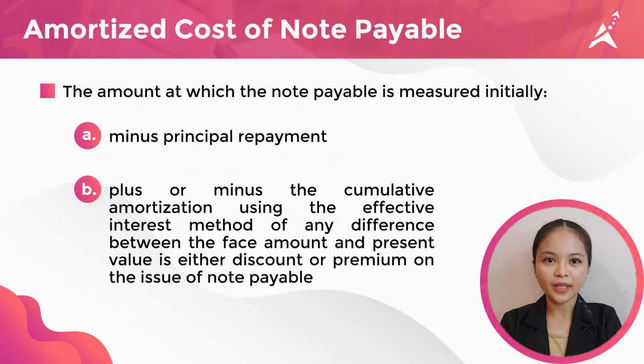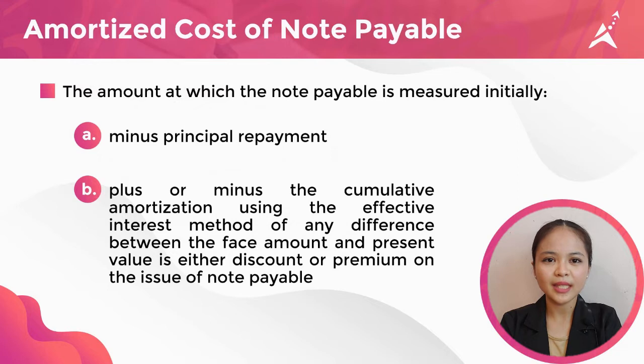Let's proceed to amortized cost of note payable. The amortized cost of note payable is the amount at which the note payable is measured initially minus principal repayment plus or minus the cumulative amortization using the effective interest method of any difference between the face amount and present value.